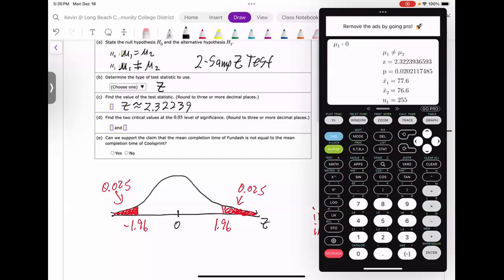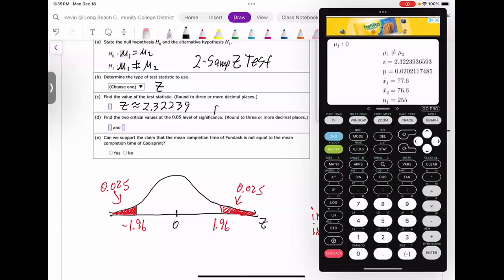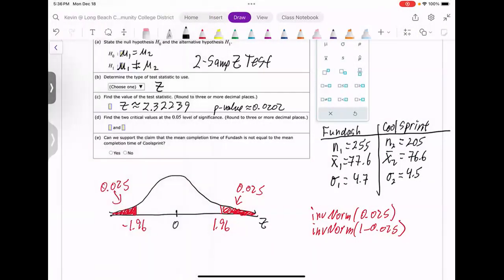We're using the critical value method in this case, although I am going to write down that the p-value is 0.0202, even though they don't ask for it in this case. We have already found our critical values, negative 1.960 and 1.960.